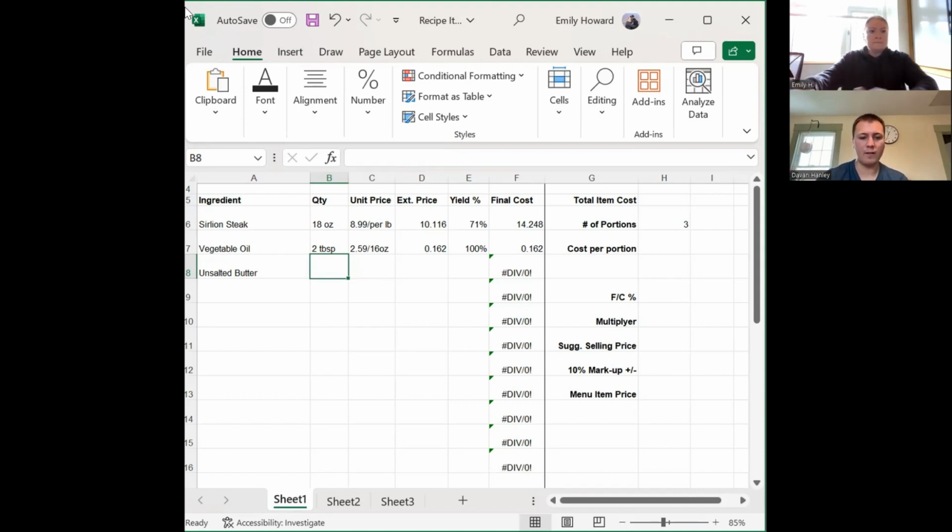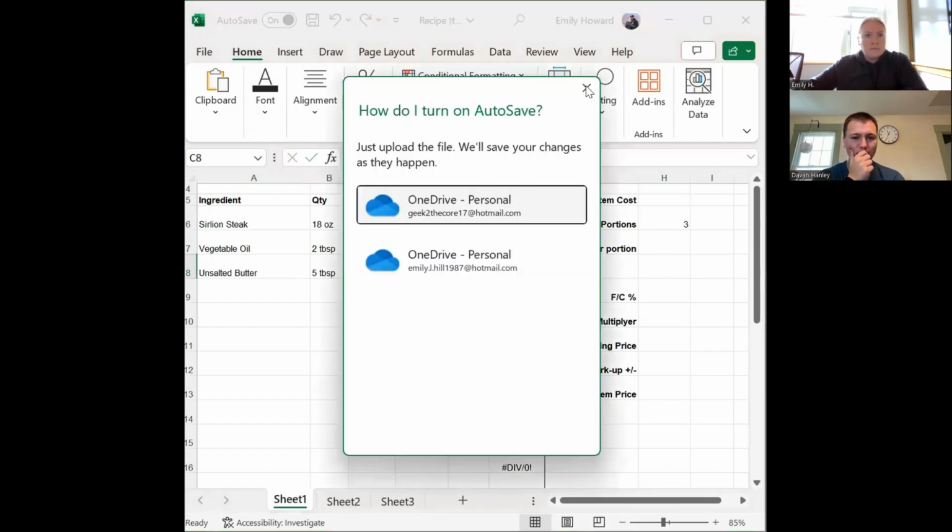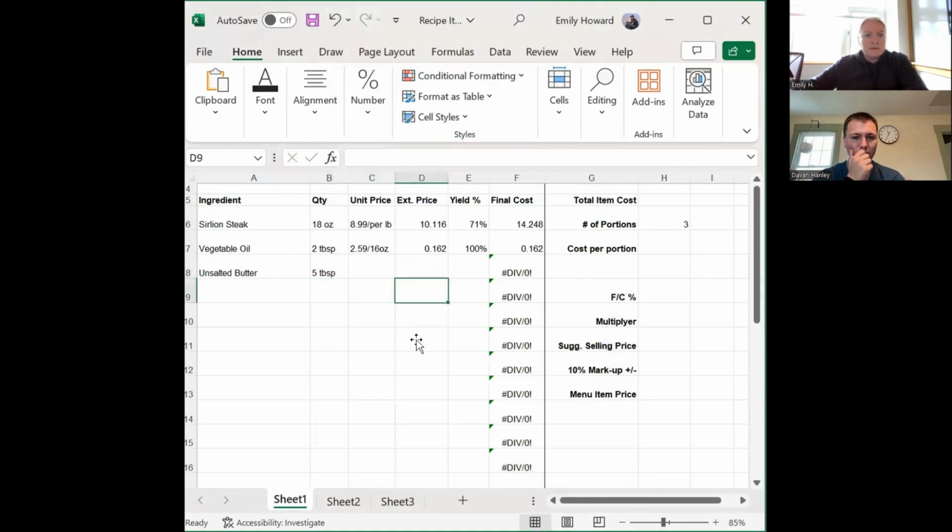So you need 5 tablespoons, right? Yep. Okay, and then unit price is, why is this clicking weird? Sorry, my mouse is being weird for some reason. That's okay.